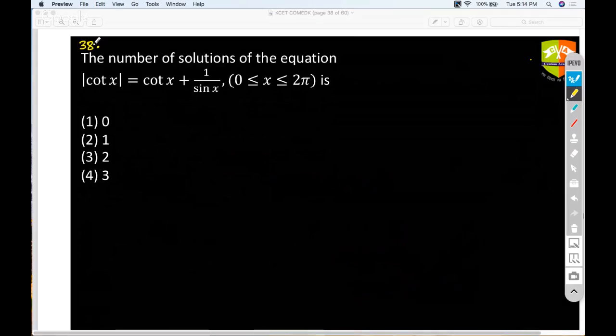And after this question, we'll take a 5 minute break and resume with the remaining 22 questions. Find the number of solutions for this equation.